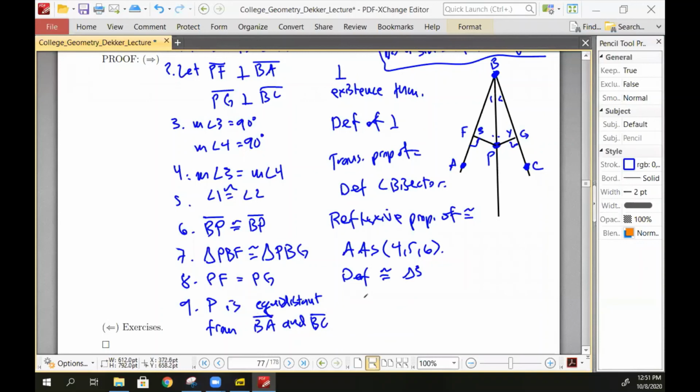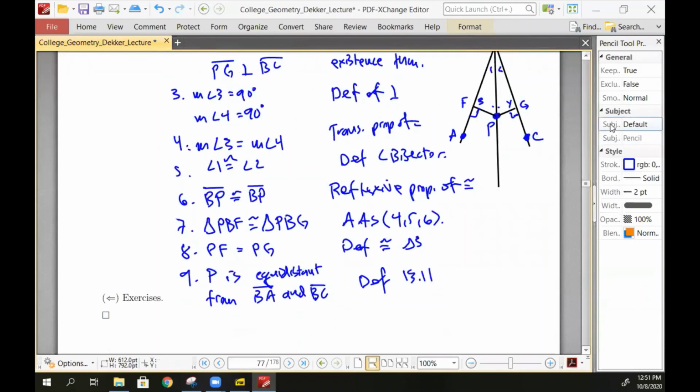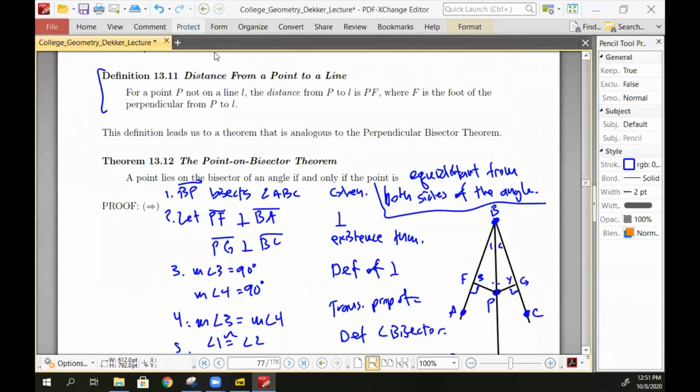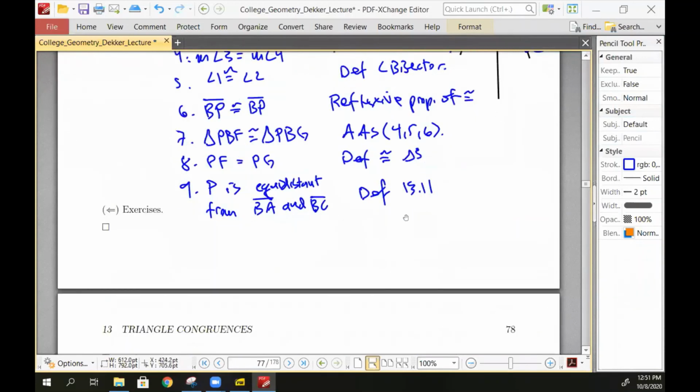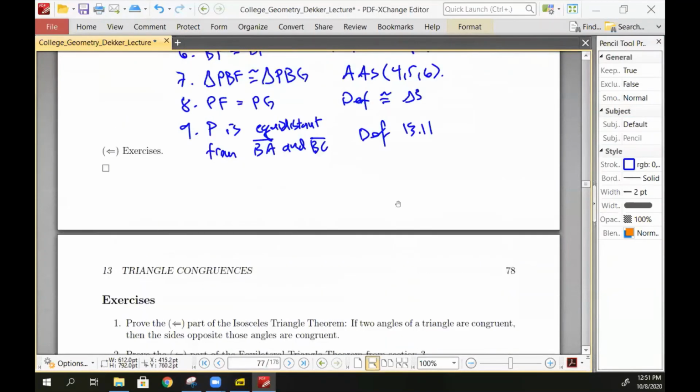Excellent. And that's all that we were looking for. So we're just looking for the distance, and that's the definition of distance, 13.11. Excellent. So that is finally the end of section 13.